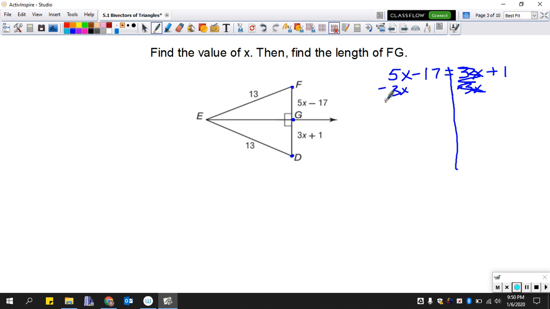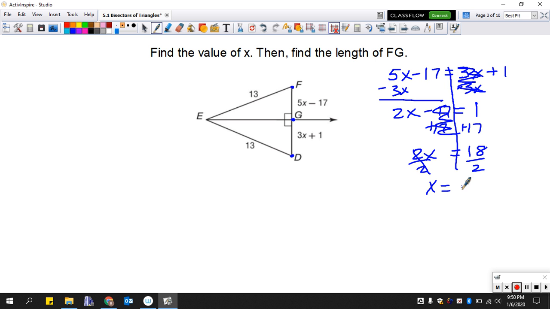We're left with 2x minus 17 is equal to 1. And then we add 17 to both sides. And when we do that, the 17s cancel out. We're left with 2x is equal to 18, divided by 2, and x is equal to 9.